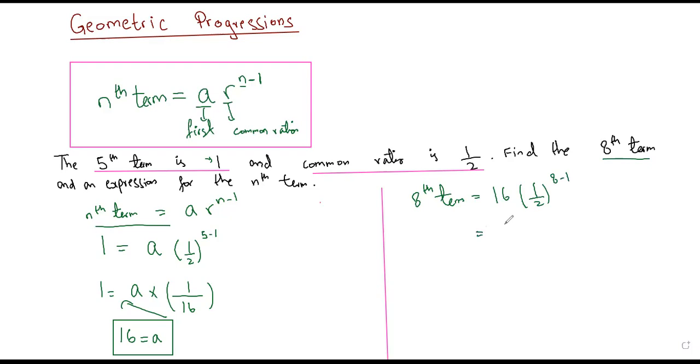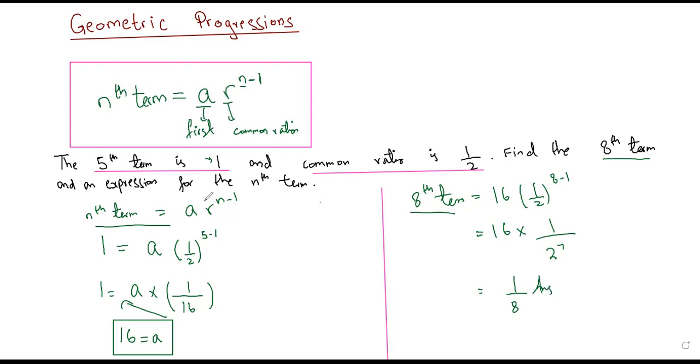So it is going to be 16 into 1 over 2 to the power 7. And that is going to give me 1 over 128. 1 by 8, right? Yeah, it is 1 by 8. Okay, this is the 8th term.